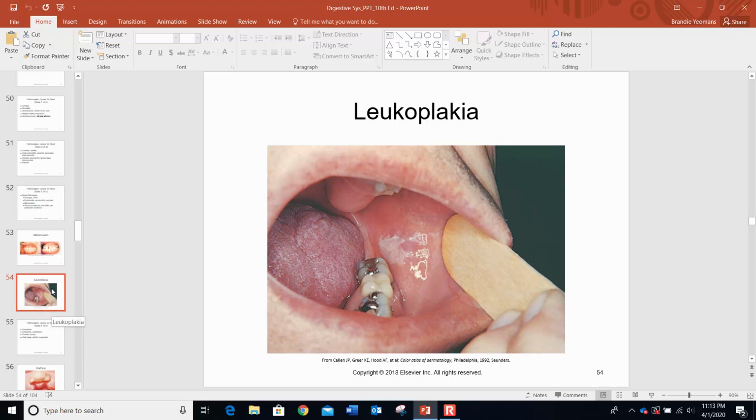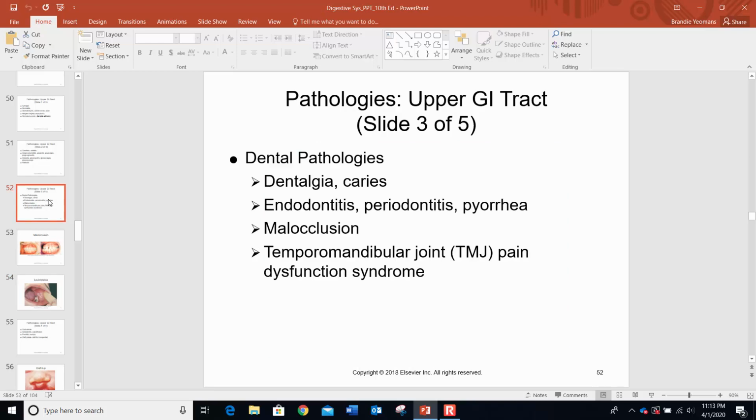Find out what they're commonly eating and see if we can help add some vitamins through vegetables and fruits to help balance that out. Okay, this is leukoplakia, where you see, remember the leuko is the white, so you see white plaques here in the gums and in the cheeks, and that typically tells us that there's some things going on too.